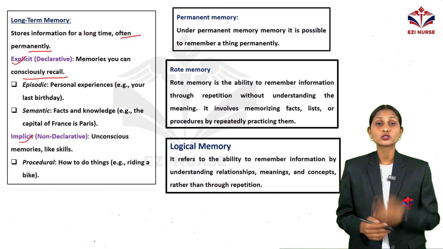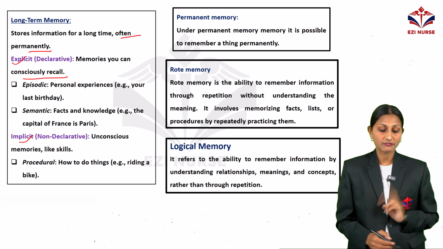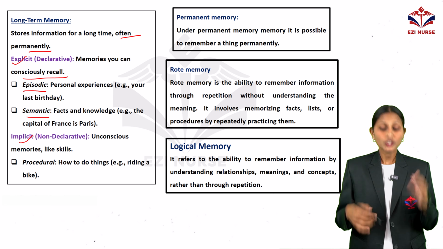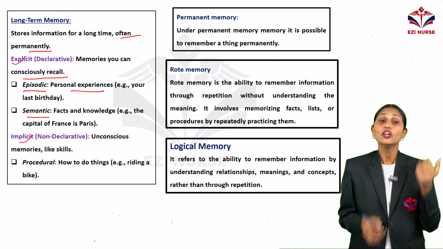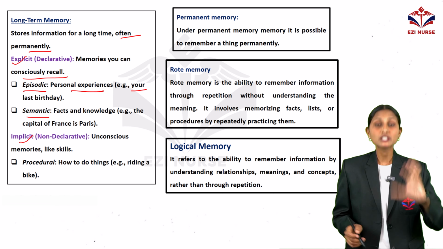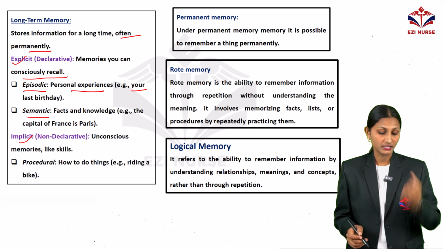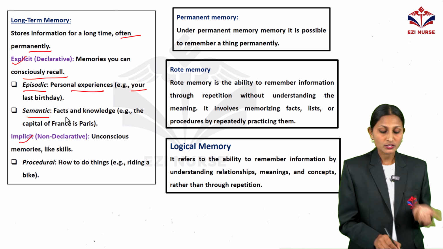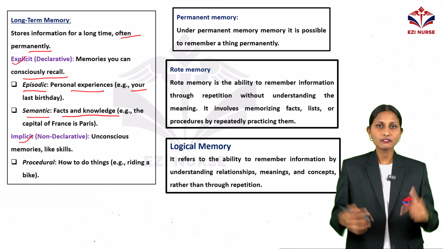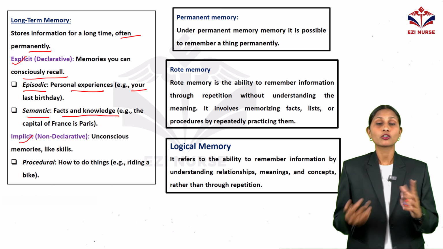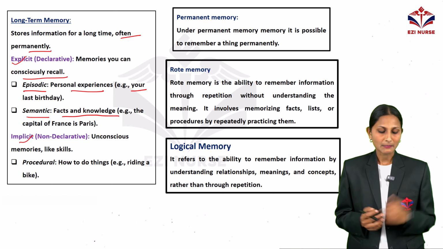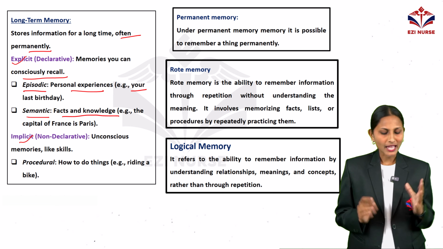Explicit memory has two classifications, episodic and semantic. In episodic memory you remember your personal things, for example your birth date. Semantic memory is facts and knowledge, for example, the capital of France is Paris. That is something we know, right? The facts and knowledge which we remember for a long period of time come under semantic memory.